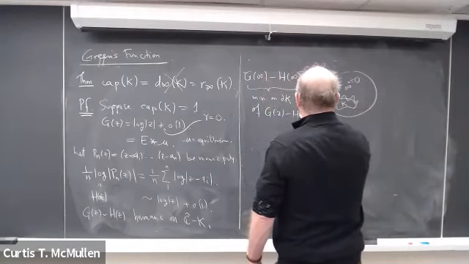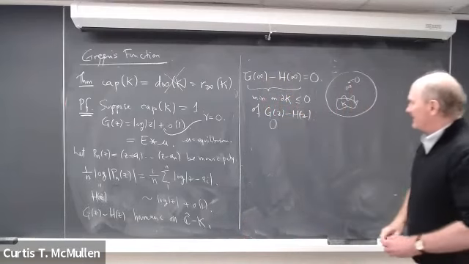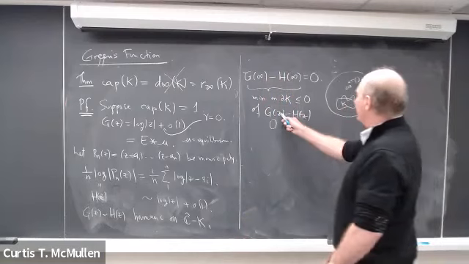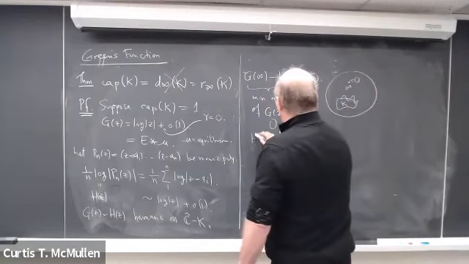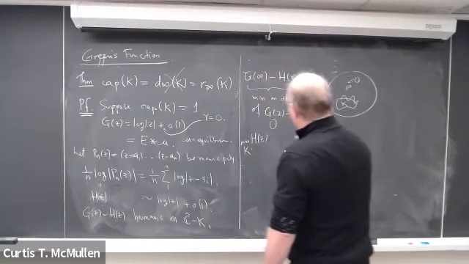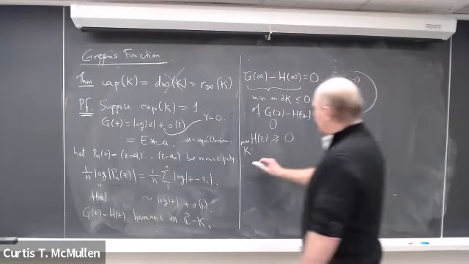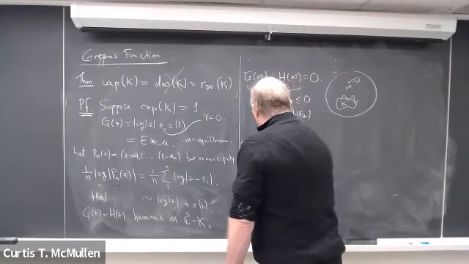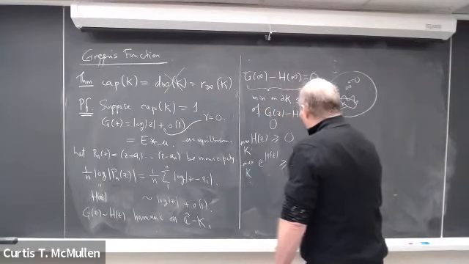But g of Z is 0 on the boundary. That's the definition of the Green's function. So the min of minus h of z is less than or equal to 0. And so the max over k of h of z is greater than or equal to 0. But that means the max over k of e to the h of z is greater than or equal to 1.